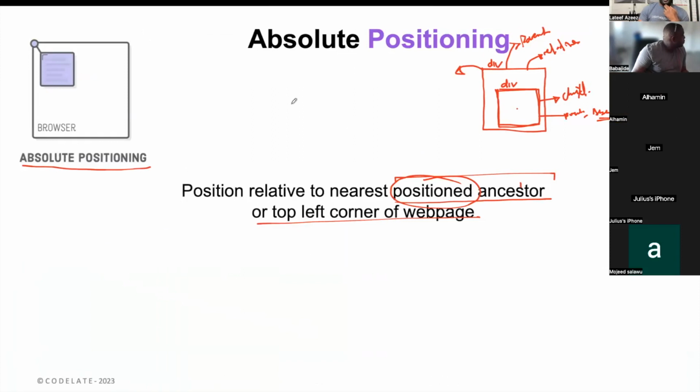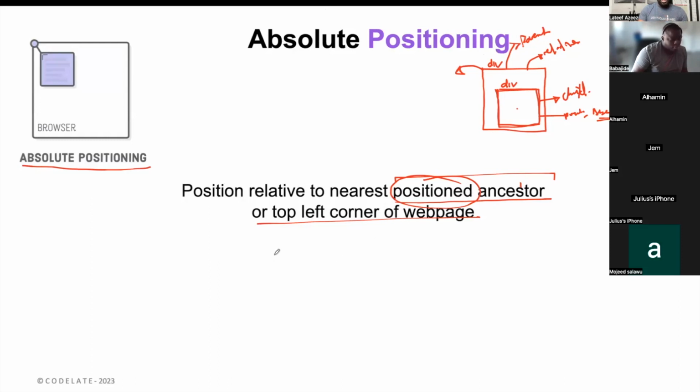So absolute, like we were explaining, is going to position that element relative to the nearest positioned ancestor or the top left corner of the web page. So the first thing it will consider is if it has a parent. If it has a positioned parent, in other words, the parent has to also be positioned, then the element you are setting the position to absolute on must take its reference from that positioned parent. And that's when I drew this drawing.